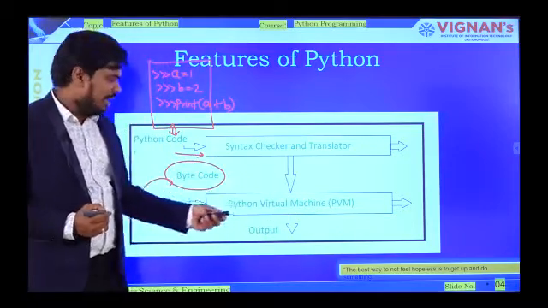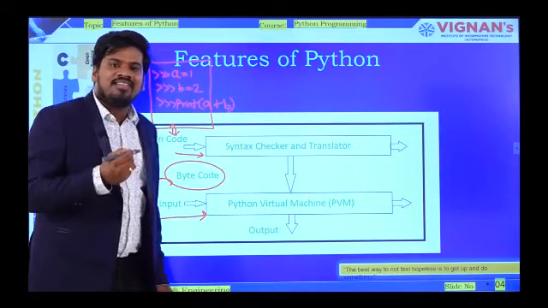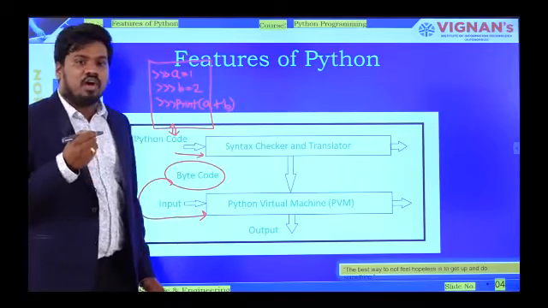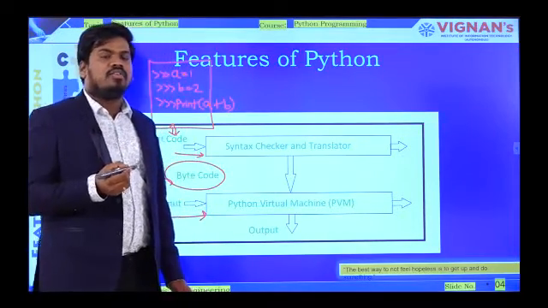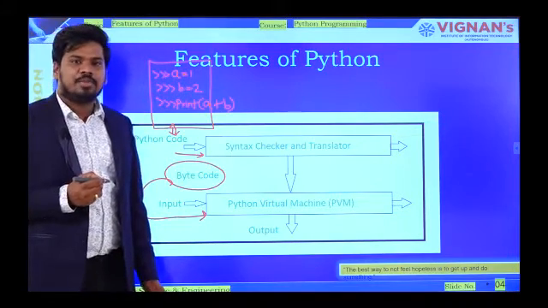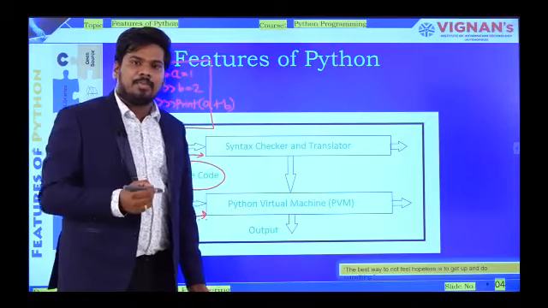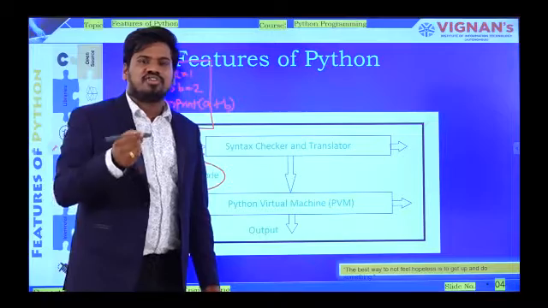Now my Python virtual machine will give me the file in terms of zeros and ones. We already know, while studying DLD or C programming, that my machine can only understand a zeros and ones format.